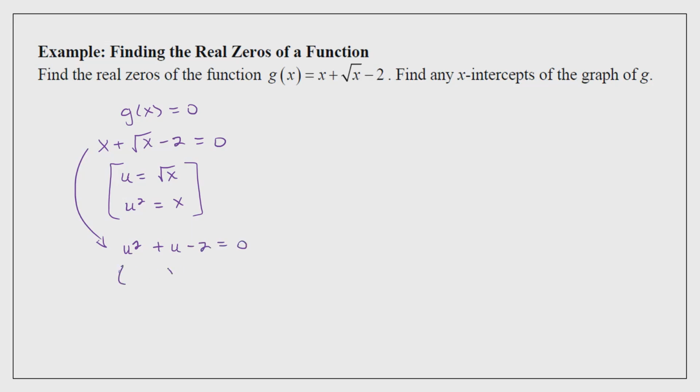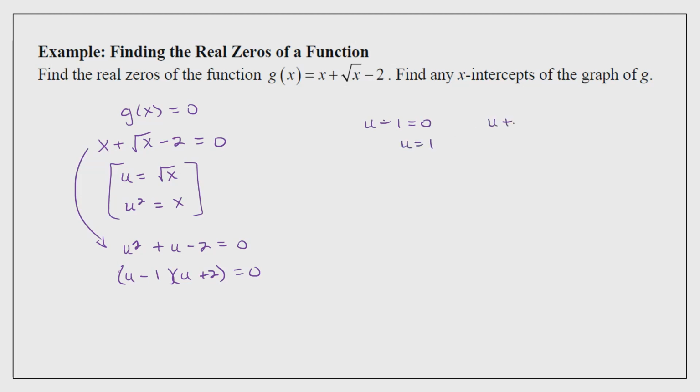So now I can write this in factored form. I need two values that multiply to get me -2, but add to get 1. So I have -1 and 2. So now I can solve for u. So I'll have u minus 1 equals 0, so u equals 1.